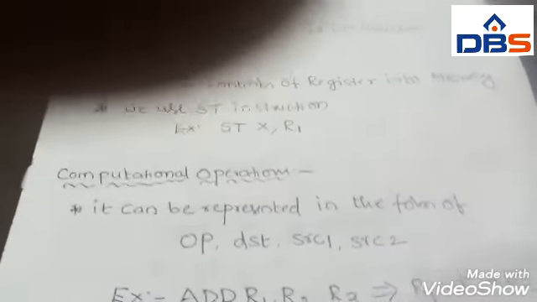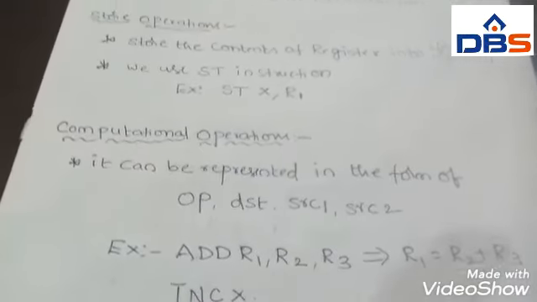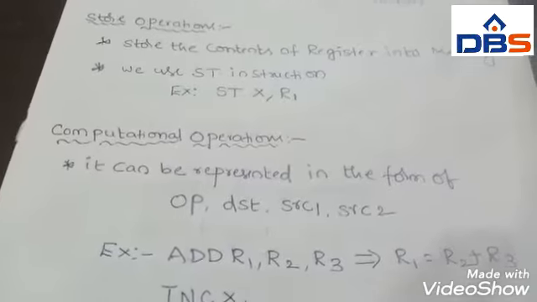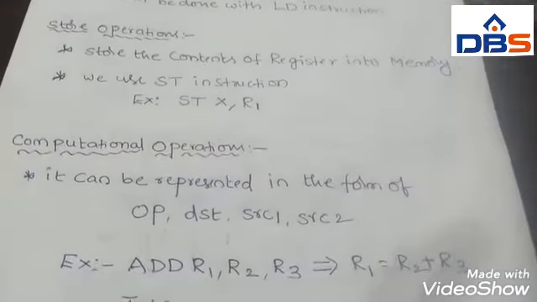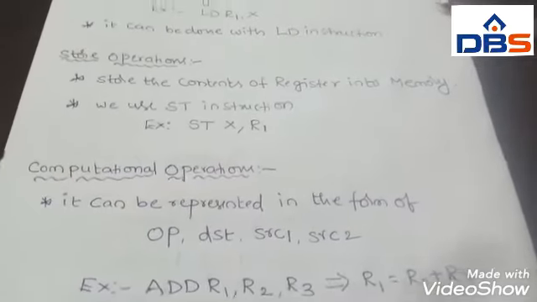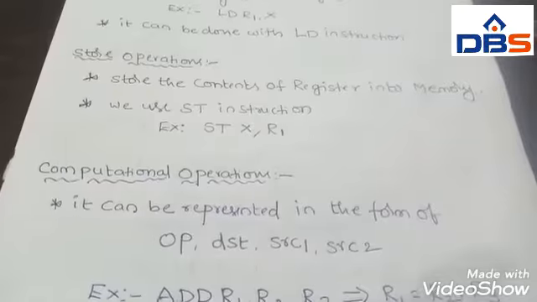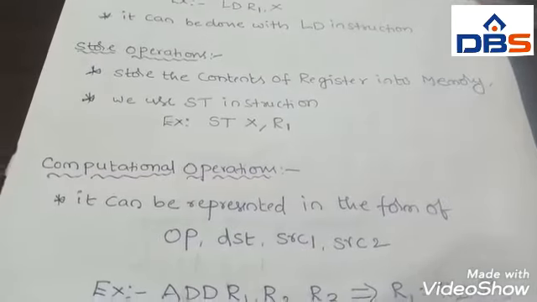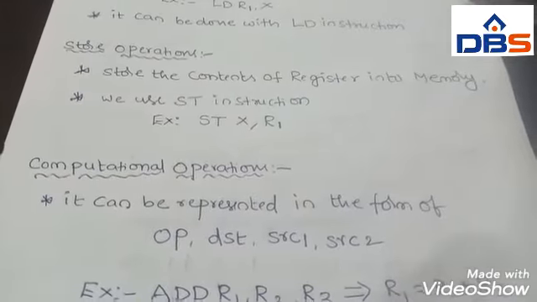The next, third one is computational operations. We have various computational operations like the ADD instruction, subtraction, multiplication MUL instruction, DIV division instruction, INC increment operation, and decrement operation. Likewise, we have various operations.